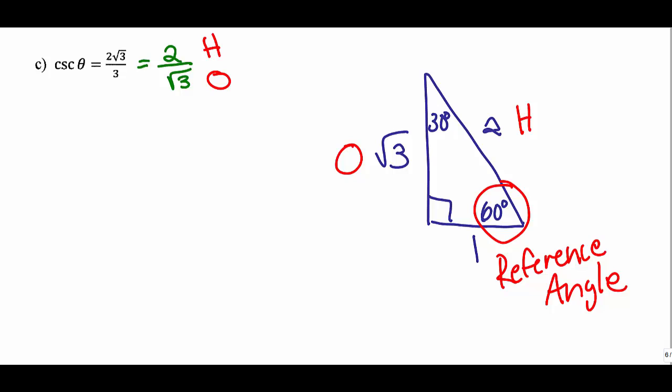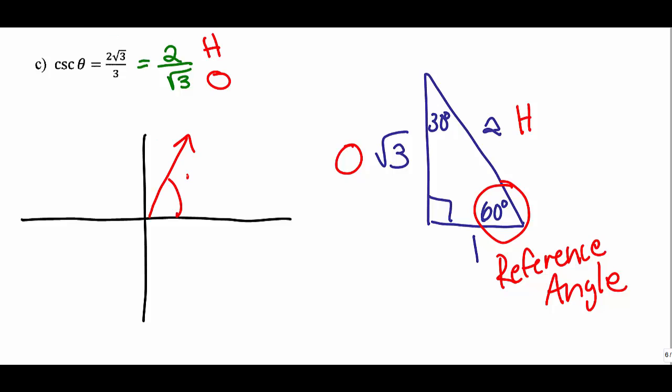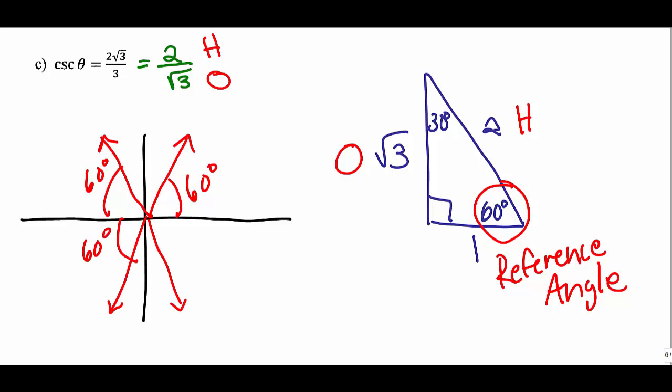So let's put 60 degrees, let's visualize it in each of these quadrants. So we have 60 degrees here as a reference angle in quadrant 1, quadrant 2, quadrant 3, and quadrant 4. So what are these actual values? Well, in quadrant 1 we know that it would be the angle itself, 60 degrees.